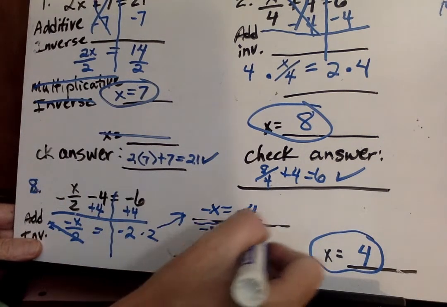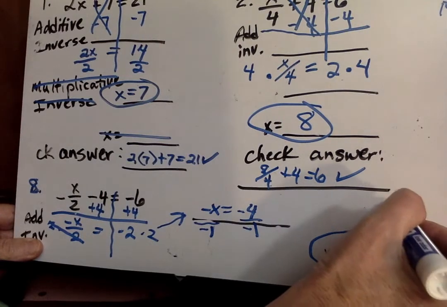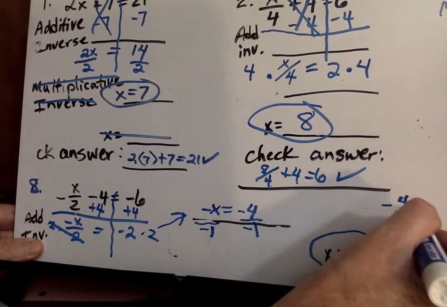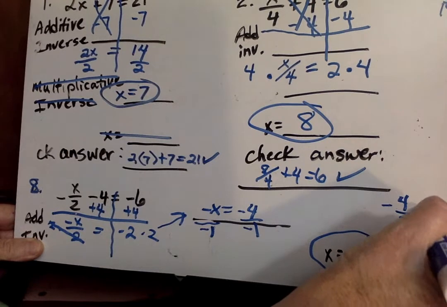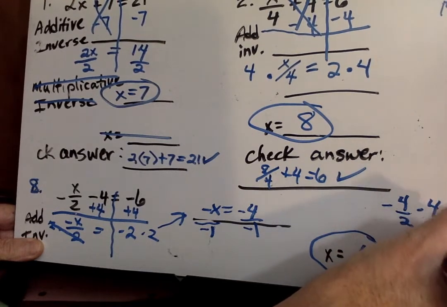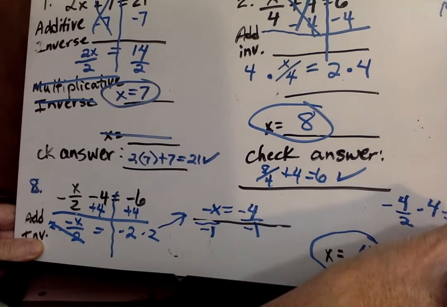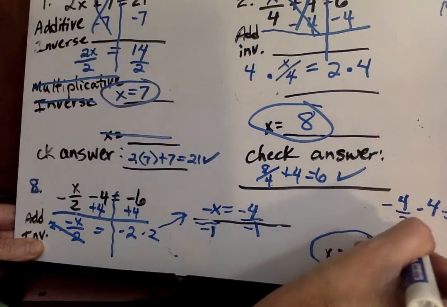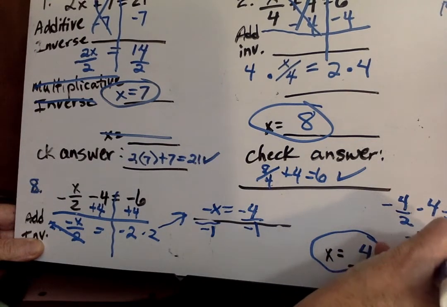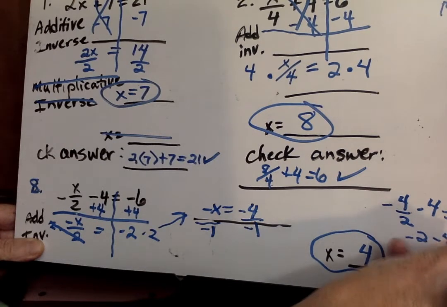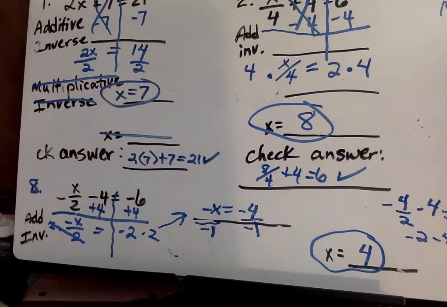So if I'm going to check that, I put 4 in there. I go negative 4 over 2 minus 4. Does that equal negative 6? Negative 4 over 2 is negative 2 minus 4. Does that equal negative 6? And the answer is yes. So it checks.